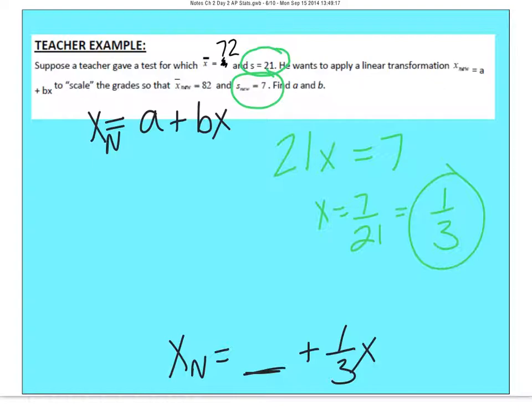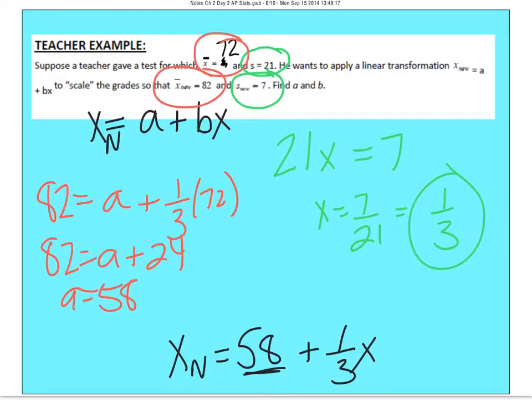Originally, they took the 72, and I know they had to times it by 1/3, but they're going to add something to that. If you simplify this equation, you're going to get A plus 24, and if you solve this, you're going to get that A equals 58. So I can actually wrap up the transformation. What they did is they took 58 plus 1/3 times the x's to change the mean and standard deviation of the scenario.